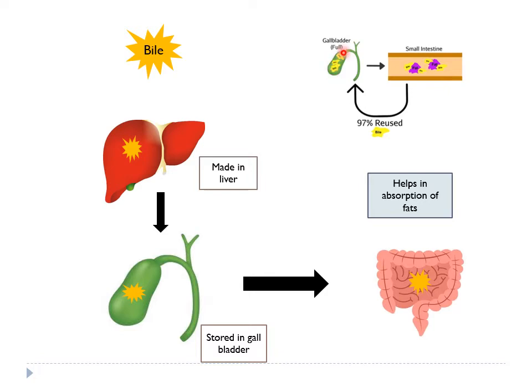Clear? All the bile from the gallbladder goes to the intestine and binds to fat molecules and helps in their absorption. And almost 97% of this bile is reused. It again comes to the gallbladder and it is stored over there. So this is important to know the mechanism of action of bile acid sequestrants.